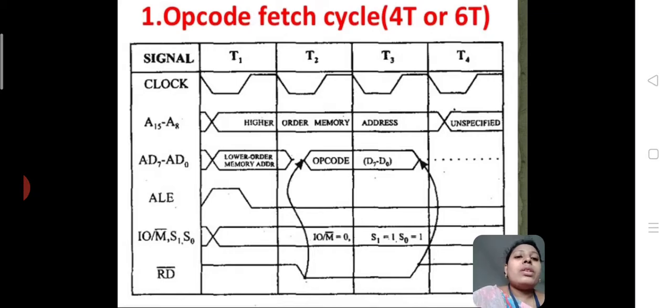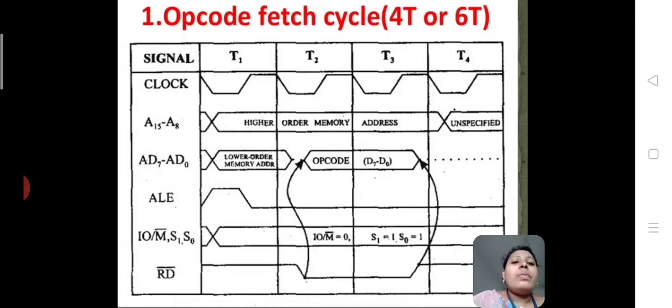In the middle of the T state ALE goes low because in the middle of the T state the opcode will occur, which here is D0 to D7. So ALE equal to 0 indicates the data, and that's why ALE becomes low. ALE is high only for the address.